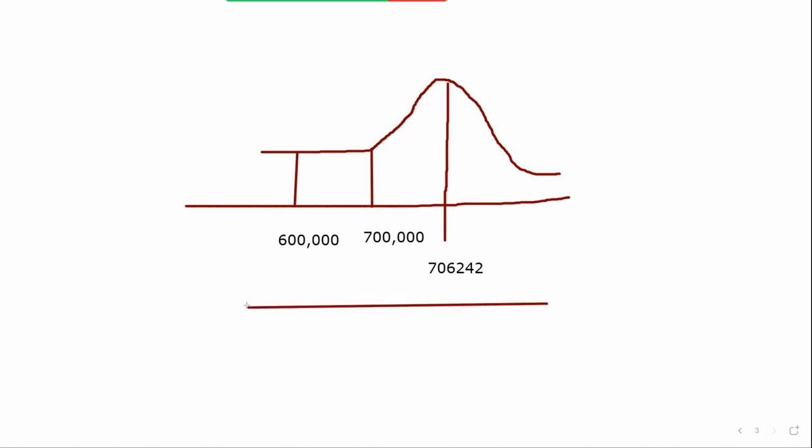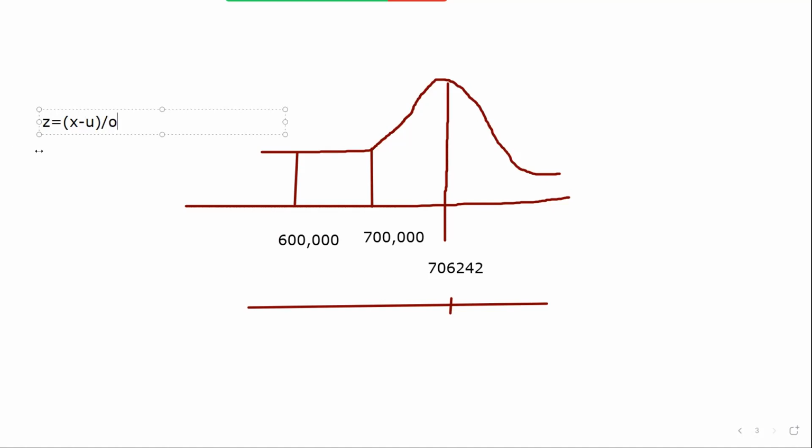Now let's do our, I'll put another line down here so we can reference our z's. So this is 0 because it's the mean. That's our 0 there. Now, let's go ahead and do it for 700,000. Remember, your x comes first in the formula. So this is going to be z is equal to x minus mu over sigma, okay, like that.